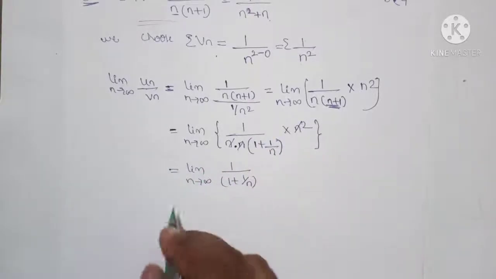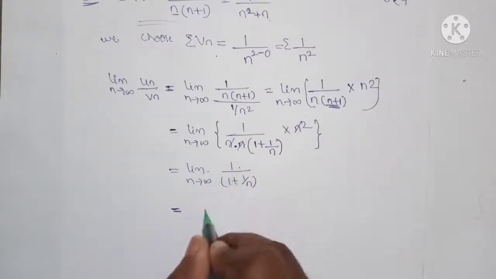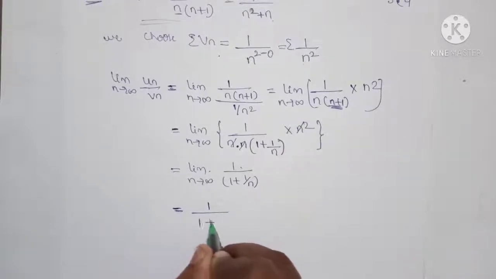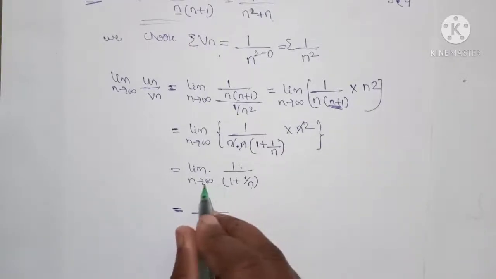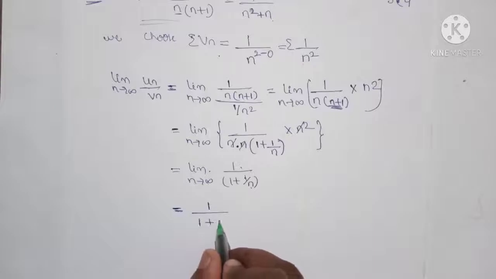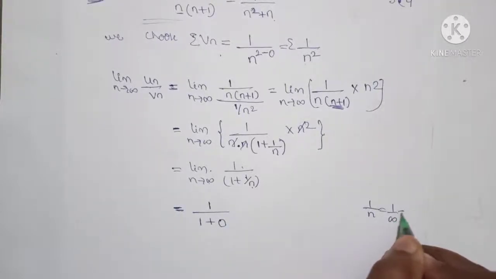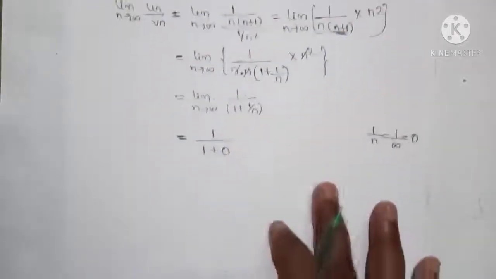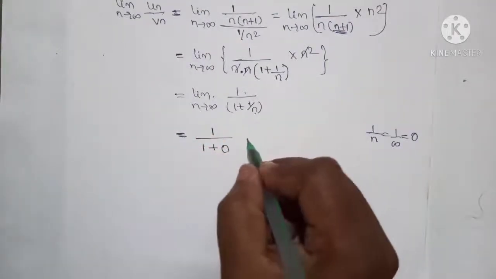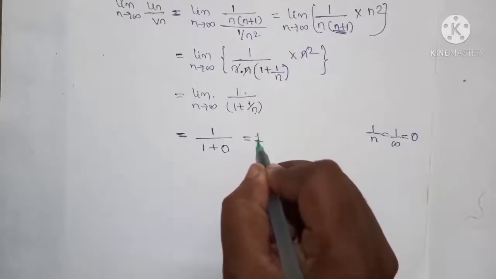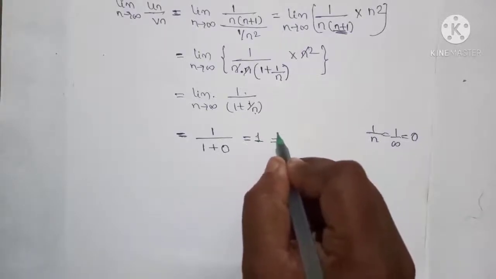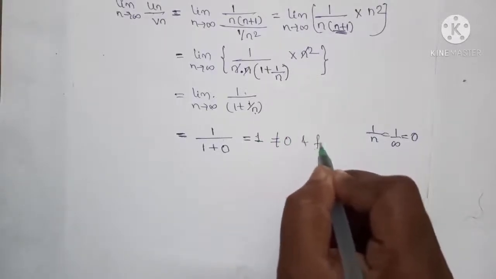Okay, so now applying the limit, we get 1 divided by 1 plus 1 divided by n. 1 divided by n means 1 divided by infinity, which equals 0. Therefore we get 1 divided by 1 plus 0, which is equal to 1. Now you can observe that this is a non-zero quantity and also it is finite.